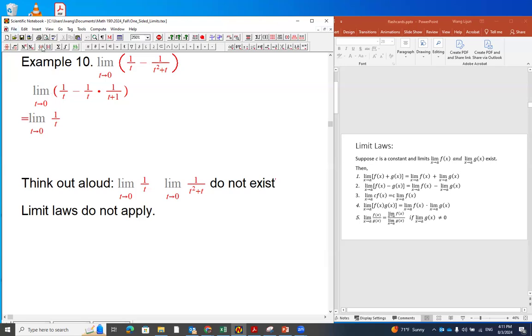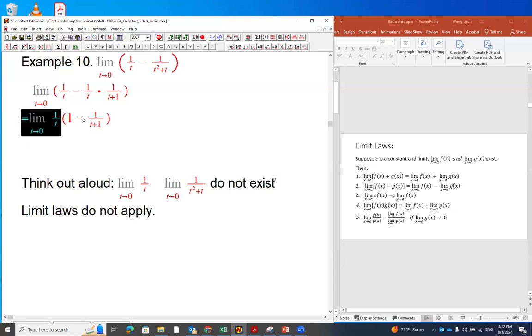After 1 over t is factored out, I get 1 minus 1 over t plus 1. After this, let's see if we can make a common denominator. At this time, can we use the limit law? The answer is no, because this limit does not exist. And if one of the limits does not exist, you cannot apply limit law, period.